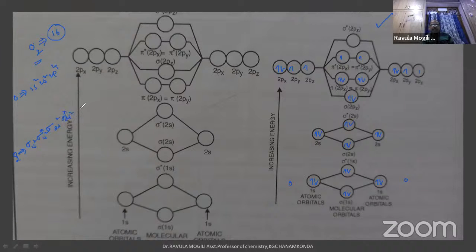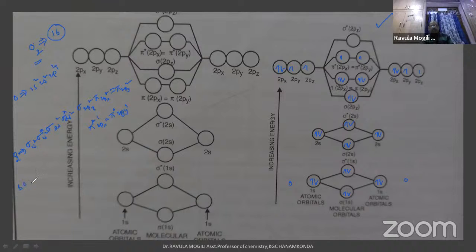Next, sigma 2pz2, pi 2px2 equal to pi 2py2. Then pi star 2px1 equal to pi star 2py1.